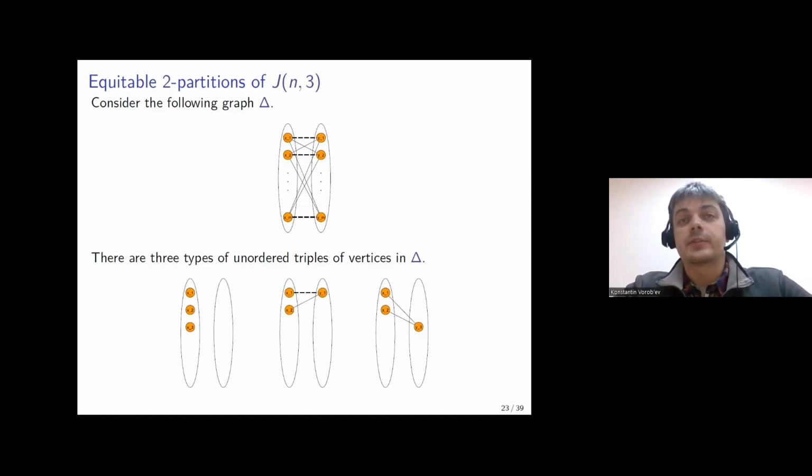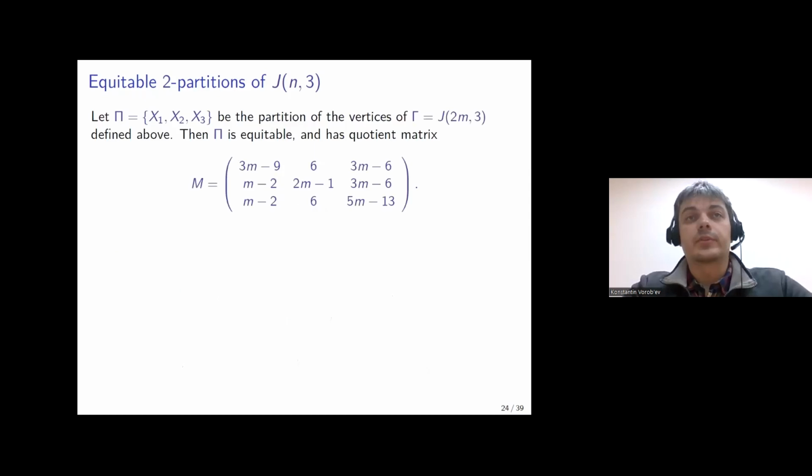And the last case, if we have two in one part, one in another, and they are not in that perfect matching. So if we consider this partition into 3 sets, it's easy to show that this partition is equitable. And here you see the quotient matrix of this partition.